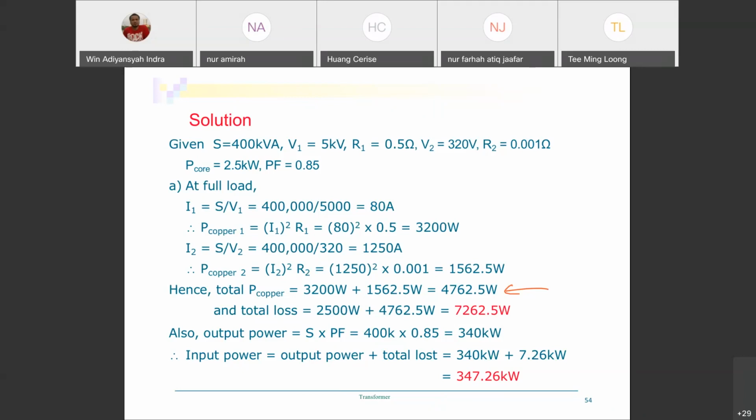But then it's not the total loss yet. That one is only copper. We have iron loss here. Iron loss, this is the core loss. If you are imagining the shape of a transformer, it's like a box.